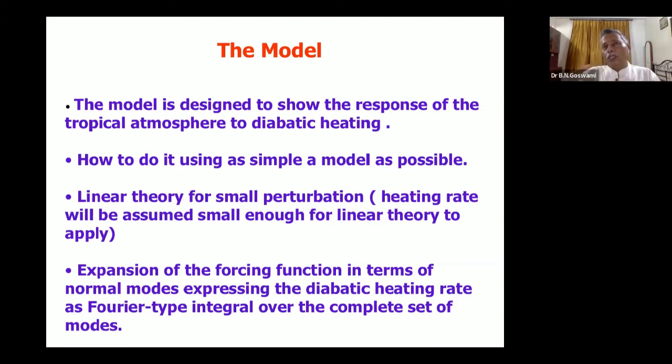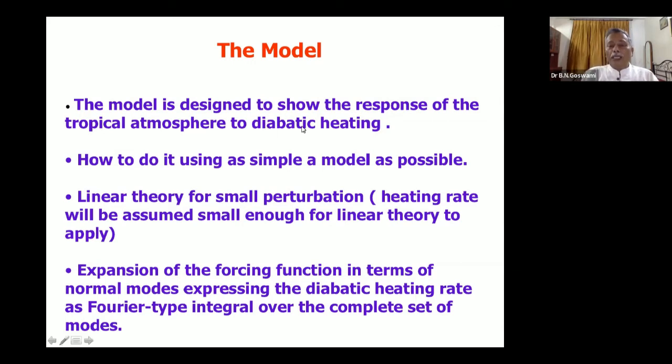It has to come through the sensible heat flux, and that is essentially confined to the boundary layer only. So the vertical structure of that heating will be decaying from the surface to the top of the boundary layer, and therefore the vertical velocity from the thermodynamic equation is very much related to the heating. If there is no heating, there will not be any vertical velocity, and therefore the depth of the circulation will be determined by the vertical structure of the heating.